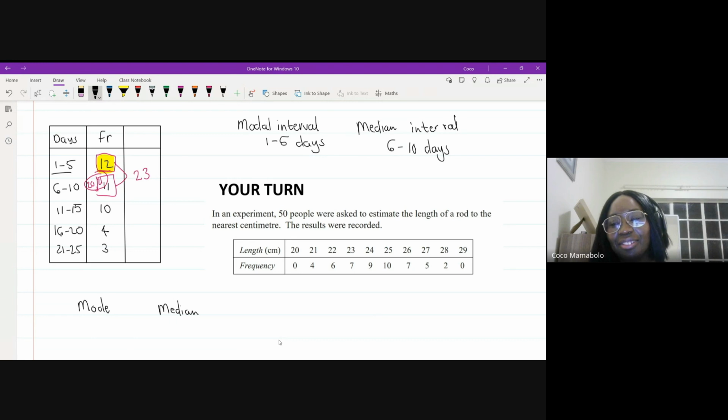All right, pop an emoji up when you're ready, guys. I'm going to give you less than a minute to find me the answer.